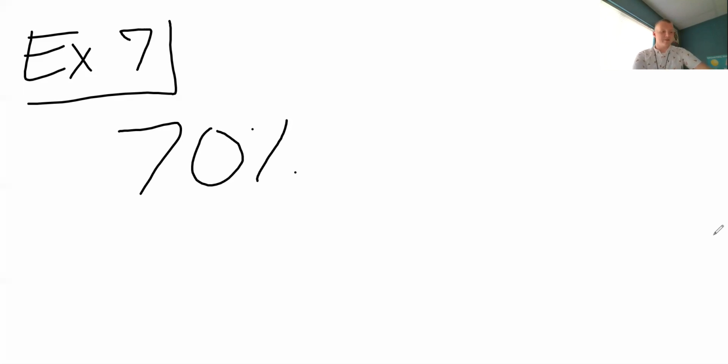So turn 70% into a fraction and then reduce it to simplest terms. Abby did one at the beginning. Sophie did one. Oasis has done one. Quiet.